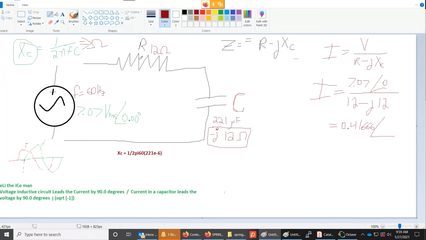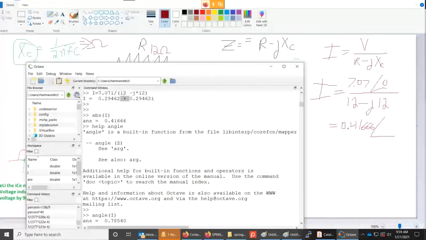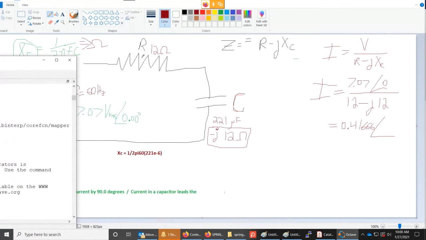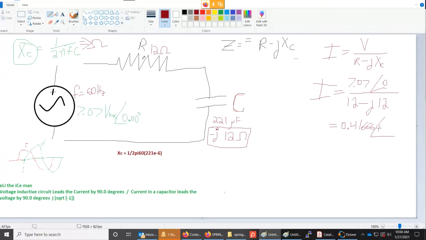And I would put at an angle of, now remember, this was a positive angle. This became a positive, see the positive up here? Because you're dividing by the minus j, so when it comes into the numerator, it becomes positive. So the current is positive 45 degrees.